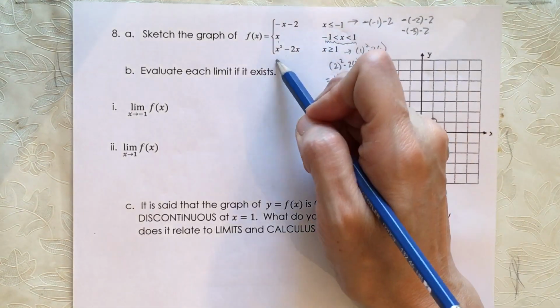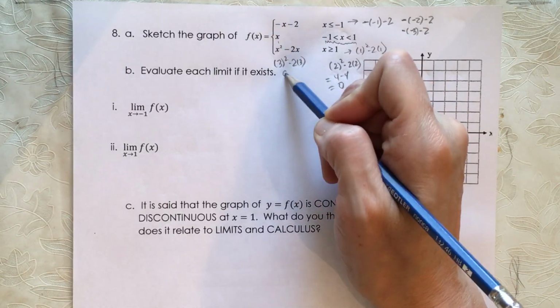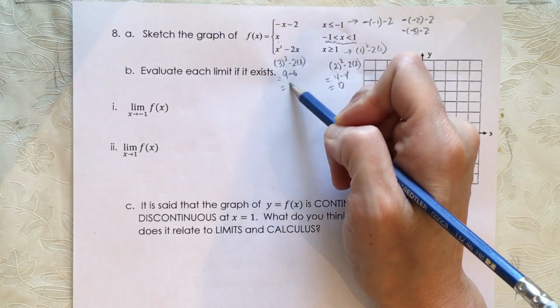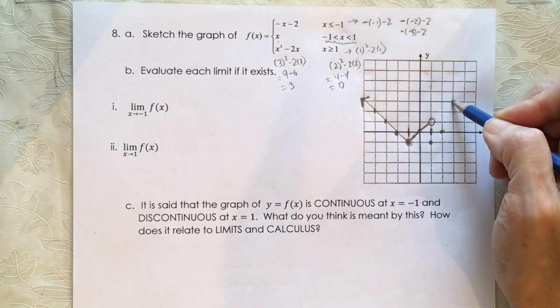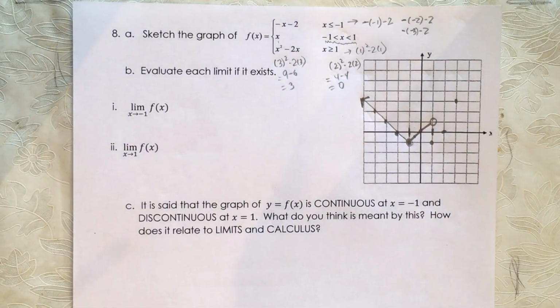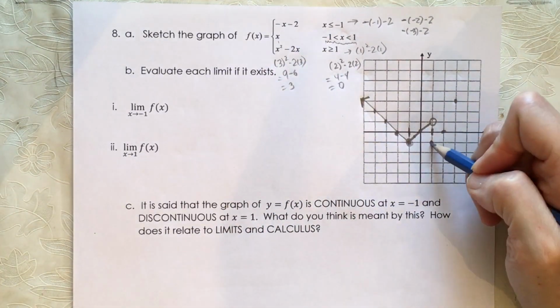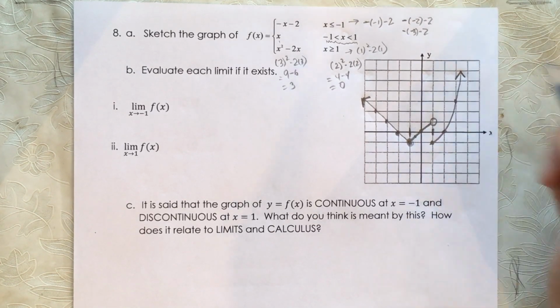If we put 3 in, 3 squared minus 2 times 3, 9 minus 6, which is 3. So at 3, 1, 2, 3. And if we see an x squared, we do realize that that's going to be quadratic or parabolic in nature. So we could draw in that branch of the curve as well.